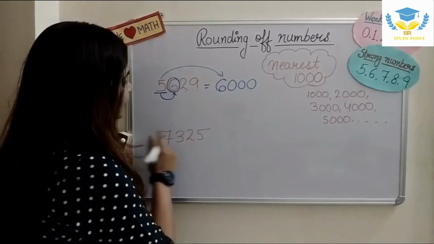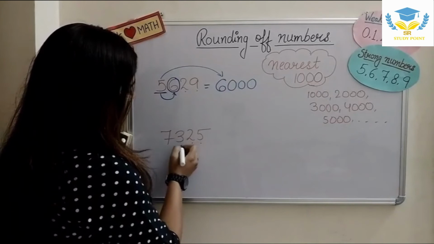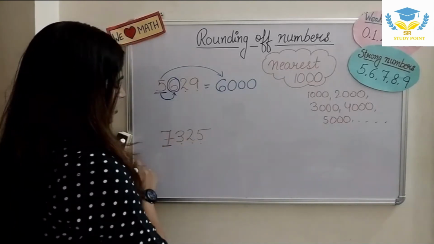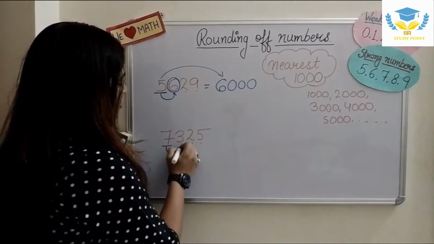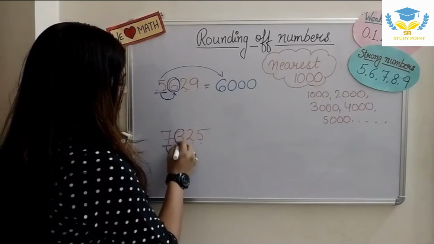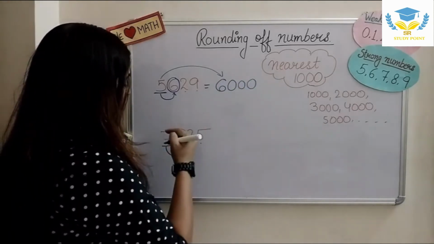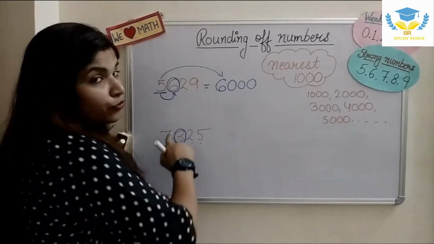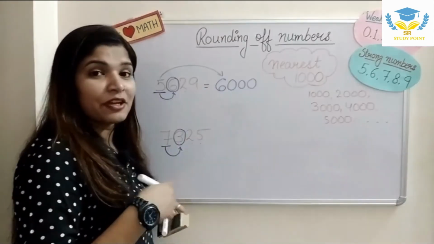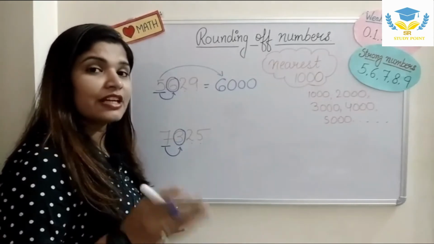Let us see this one. Ones, tens, 100, 1000. And we are going to circle this 3 over here. 3 is a weak number, so it won't be able to push 7 to the next number. So 7 will remain 7.